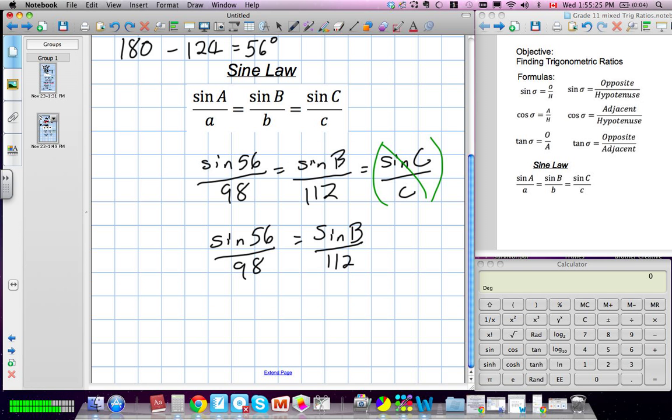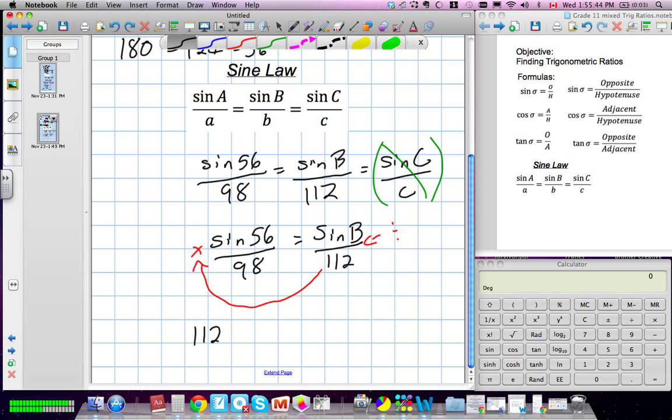So we're going to get 112 multiplied by sine 56 divided by 98 is equal to sine B. So we have everything on the left side. I'm going to equate what we had.